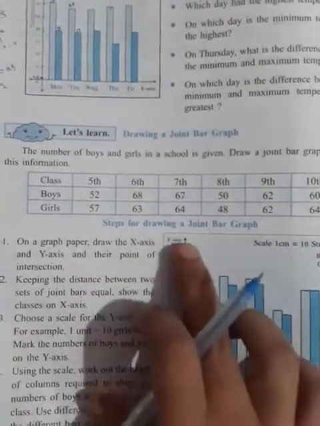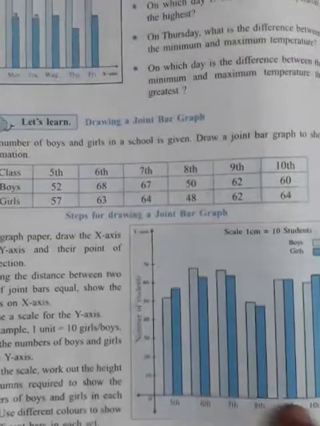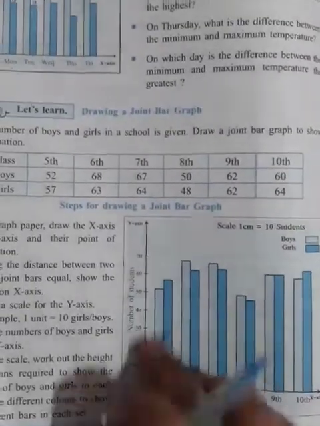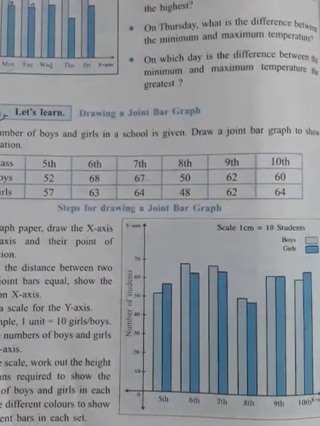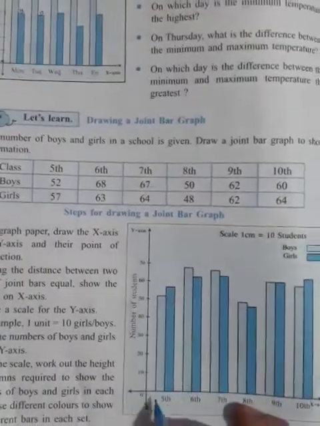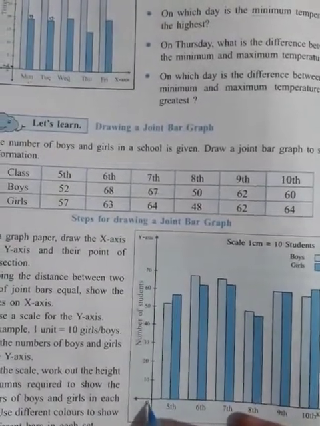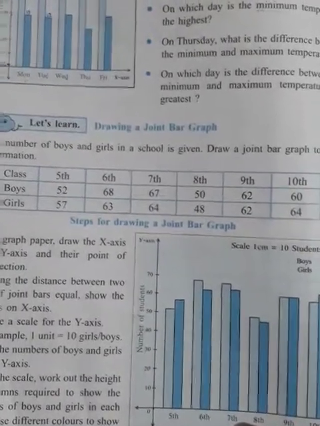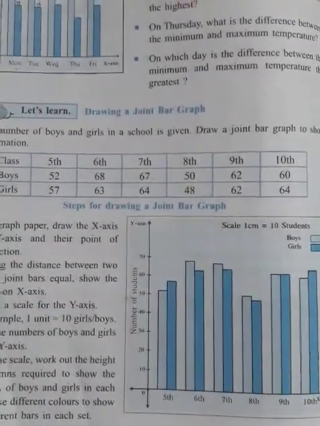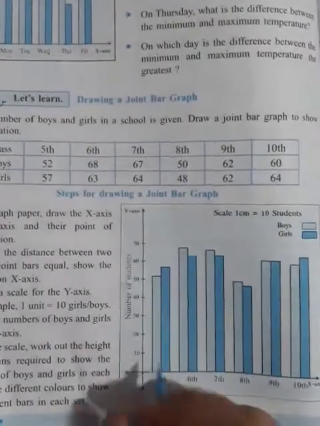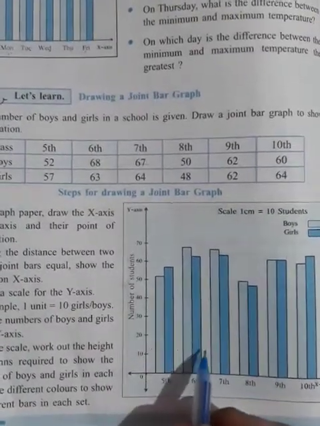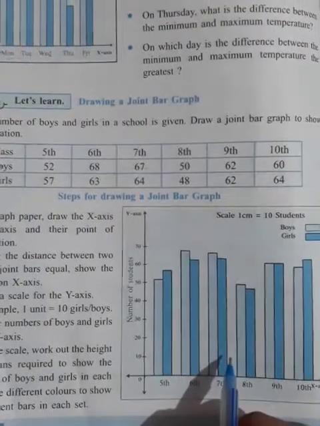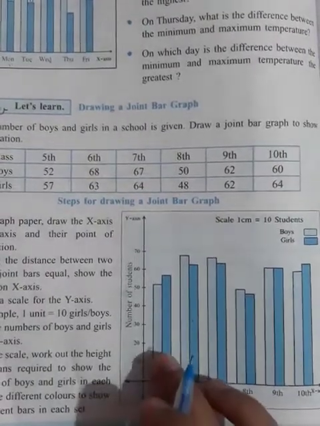First of all, on the graph paper draw the x-axis and y-axis. Okay, and see here, their point of intersection is what? The origin, which we know is 0. Now, I have told you, keep the distance between two sets of joint bars equal.